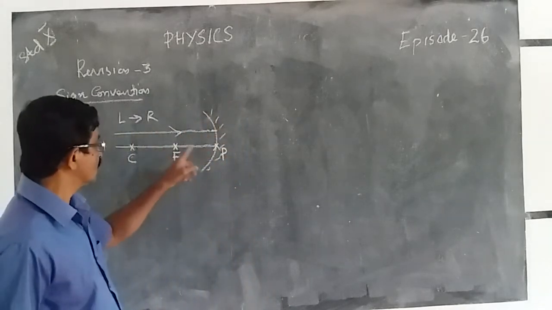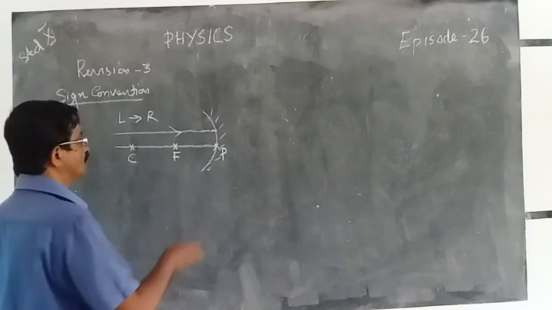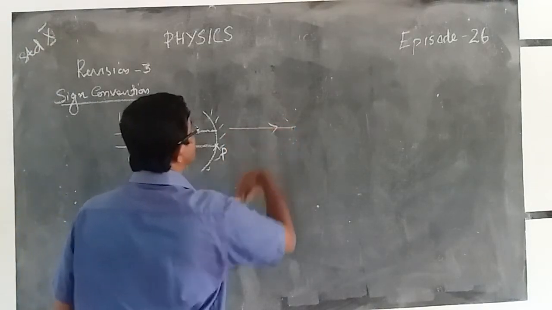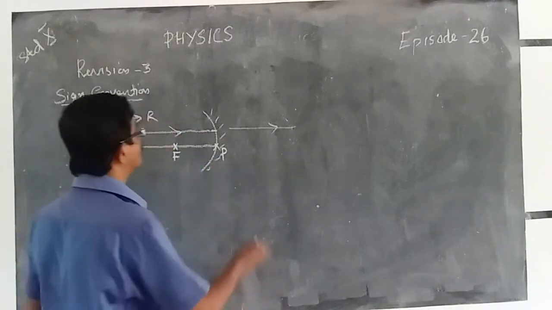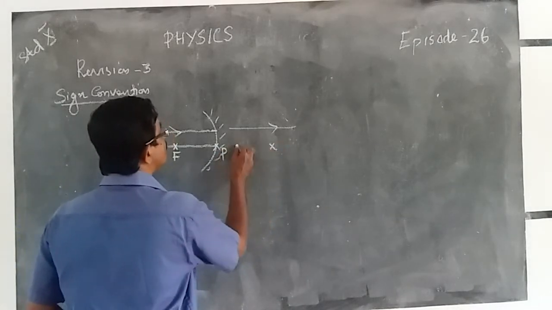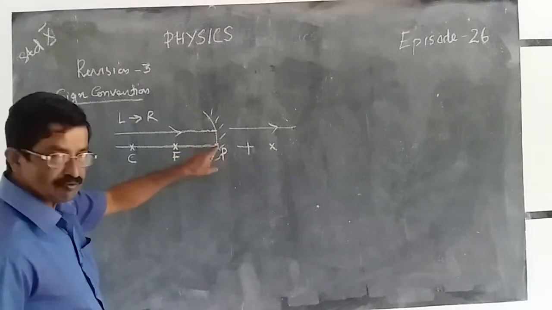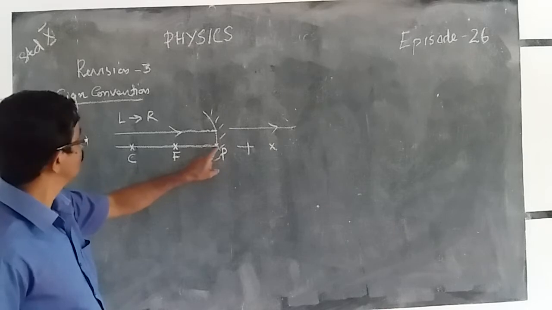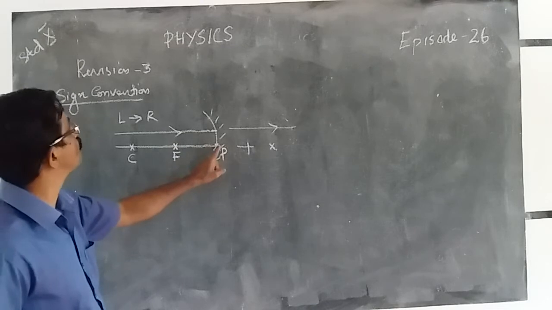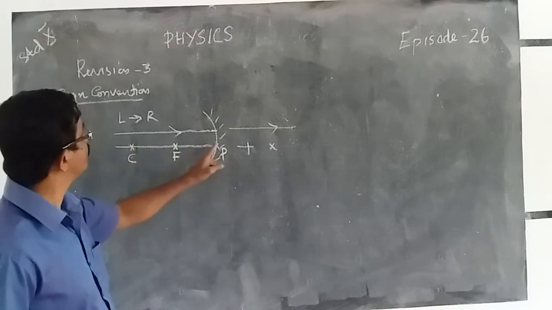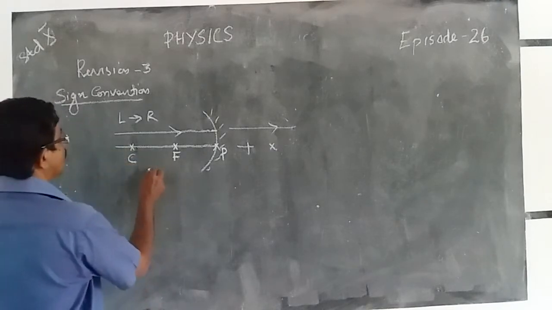In the direction of light rays. If some distance is taken here in the direction of light rays, that will be positive. Suppose from pole to focus or from pole to center of curvature, this is the opposite direction, so we take it as negative.